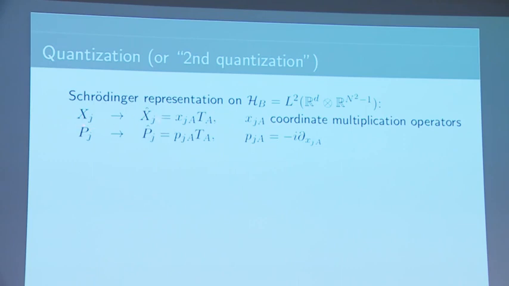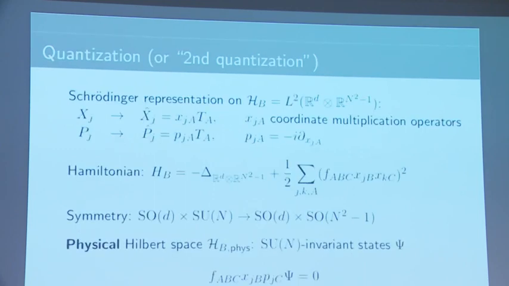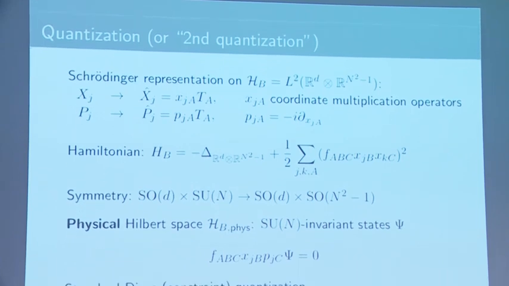And then we represent our x_j as just multiplication operators on this space. So we have expanded it in this basis T_a. While the momenta are represented in terms of derivatives, so minus i times the derivative with respect to x_j, in order to represent the canonical commutation relations.